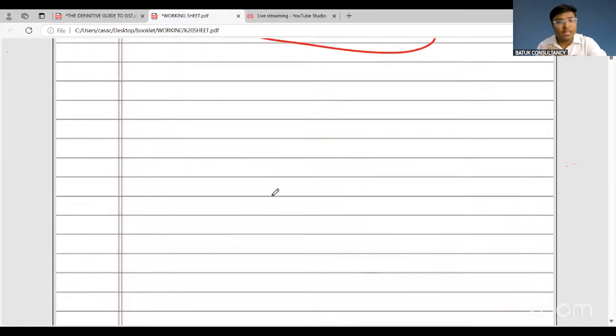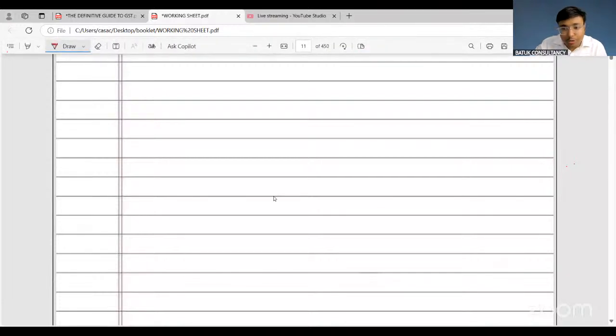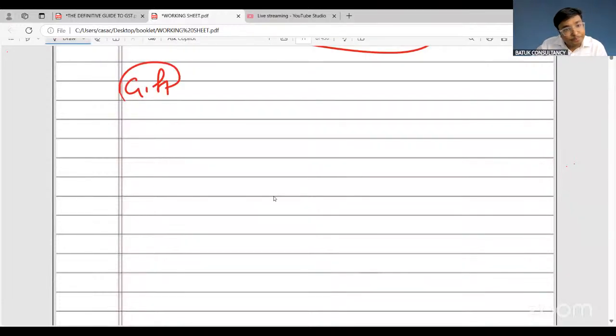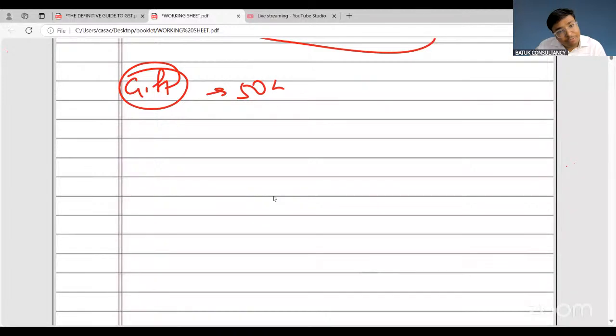Now, employer-employee relationship: if any amount is paid by the employer to the employee, no GST is applicable. The question is, if the employer provides any gift to the employee, then up to 50,000 rupees the gift is treated as exempted. But if the gift value exceeds 50,000 rupees, then GST will be applicable.